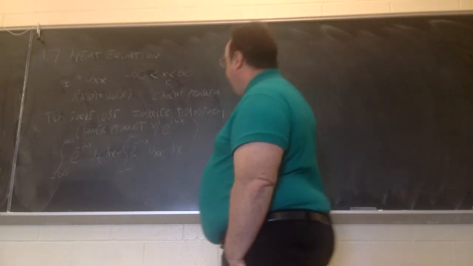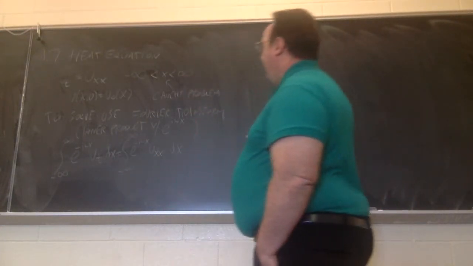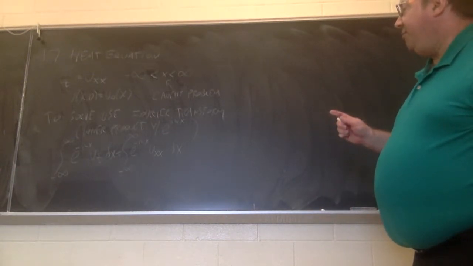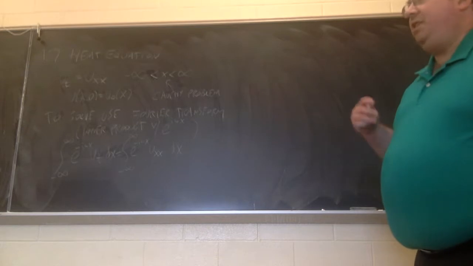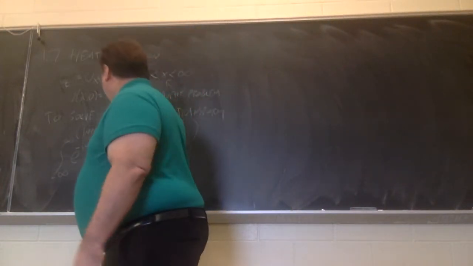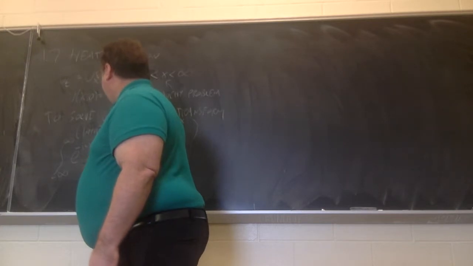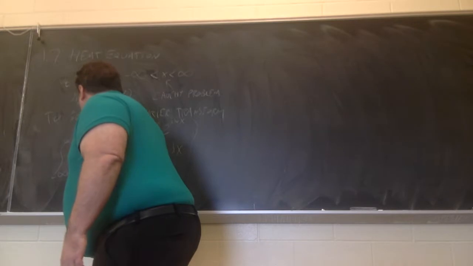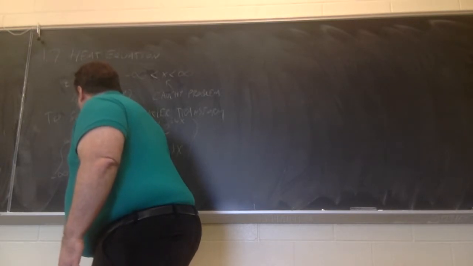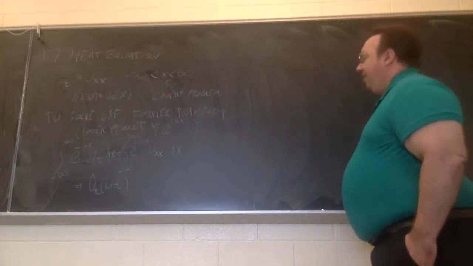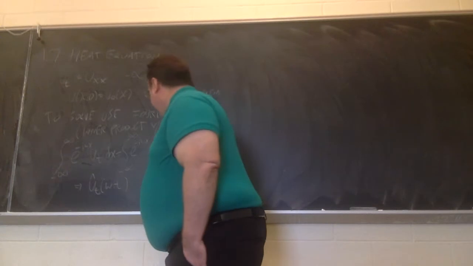Okay. So now we have this. Now I want to simplify both sides of that based on properties of the Fourier transform. So here, this is just the Fourier transform of du/dt. I use a hat to indicate the Fourier transform of whatever it is.